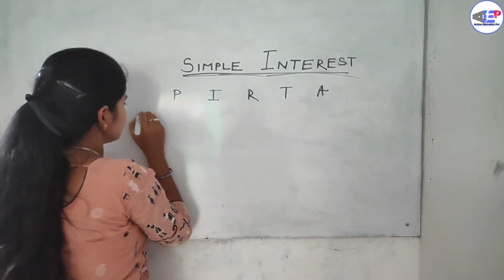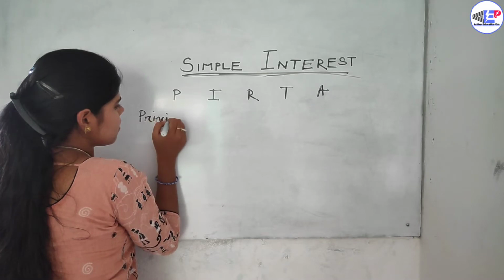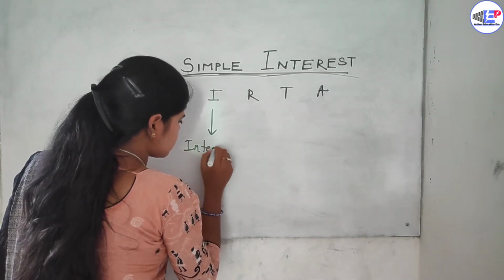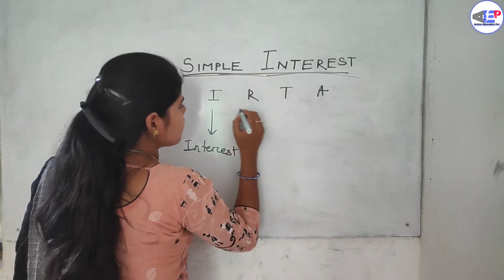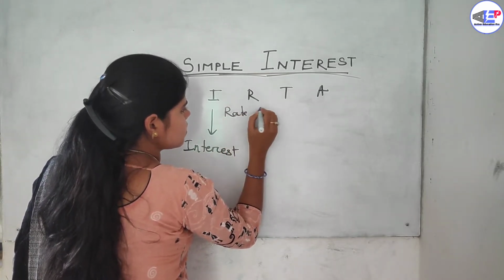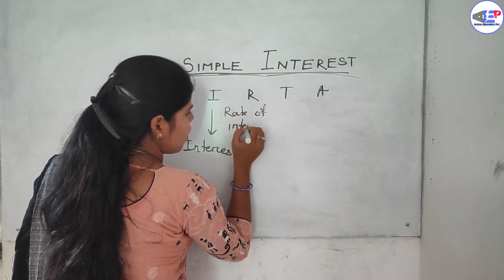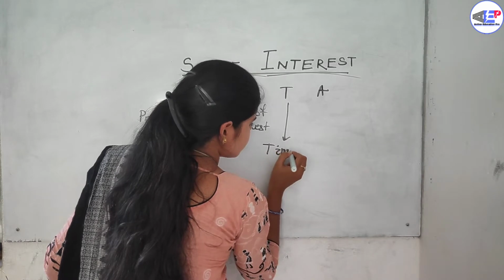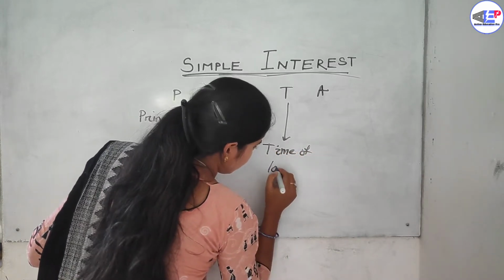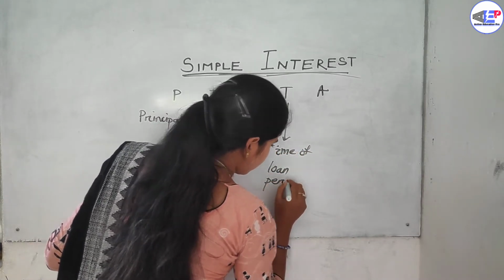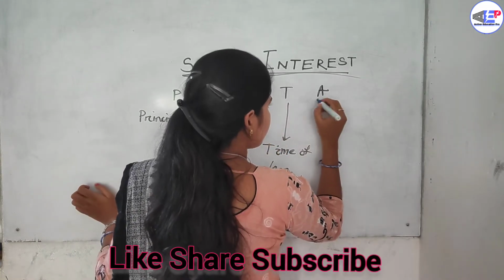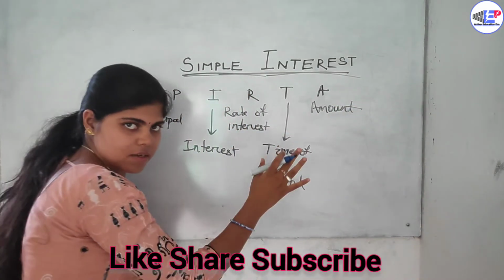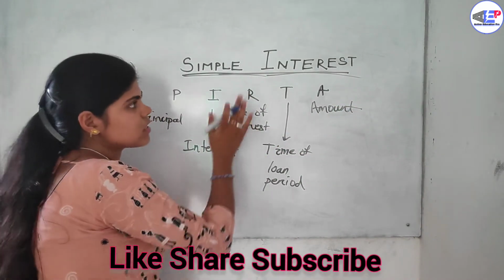P for principal, I for interest, R for rate of interest, T for time of loan period, and A for amount. These 5 letters explain simple interest.